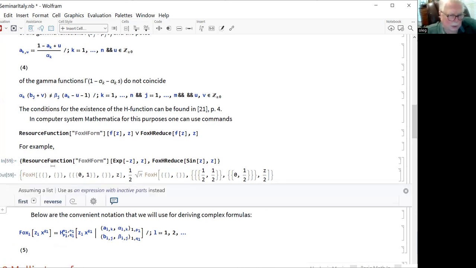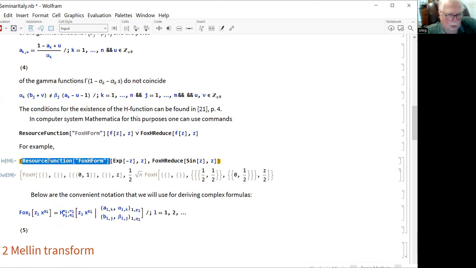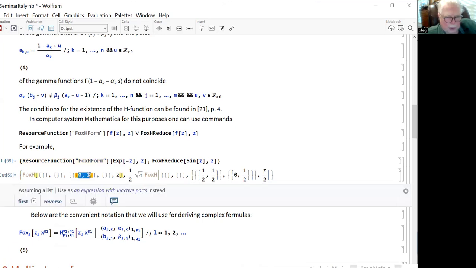In Mathematica, I use two commands which we together with Paco Jain developed. It is FoxHForm and also MeijerGForm. And you see that we get Fox with only two components. So instead of large products, we will get only one gamma function here.